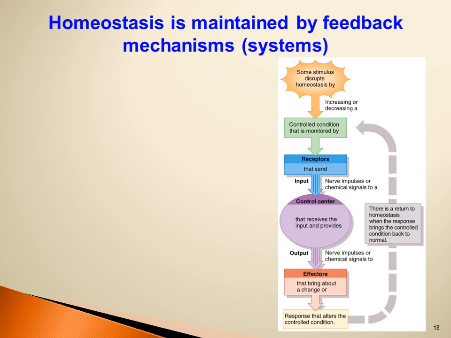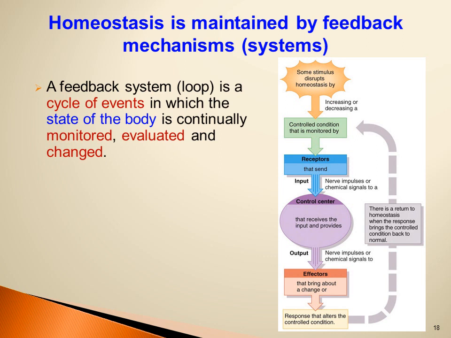Homeostasis is maintained by feedback mechanisms. So for homeostasis to be there, there is something called a feedback system or feedback mechanism. What is a feedback system or feedback loop? It is a cycle of events in which the state of the body is continually monitored, evaluated, and changed.